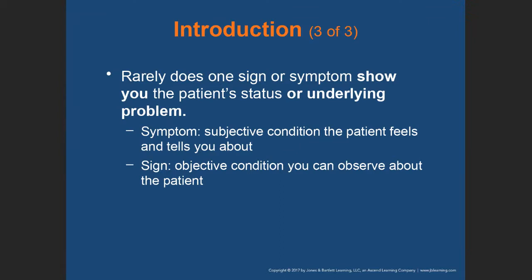That's a symptom. A sign is more objective, so it's objective information. It's based on your observation. So a sign is what you can see, what you hear, what you smell, and what can be measured. That's a sign.